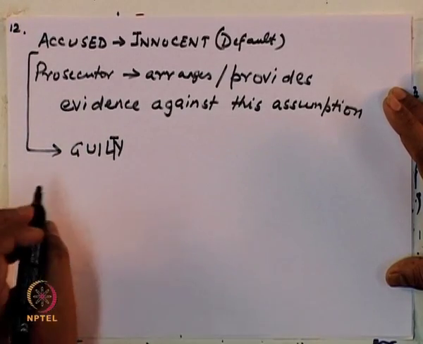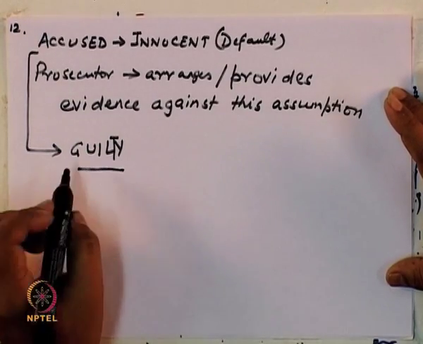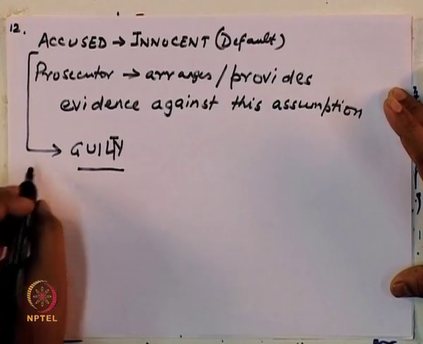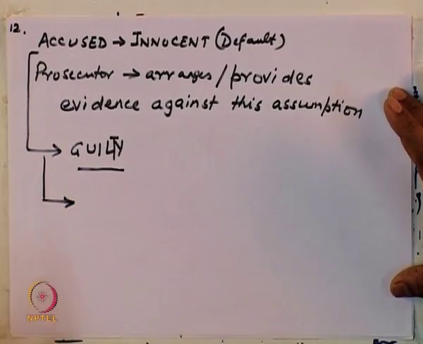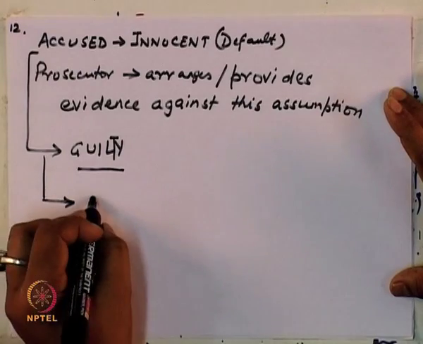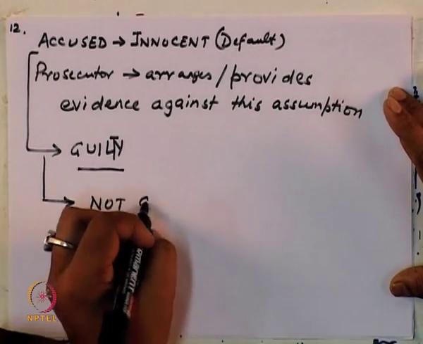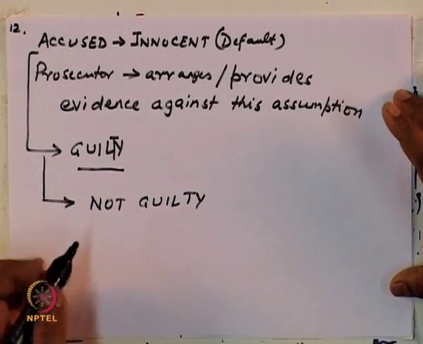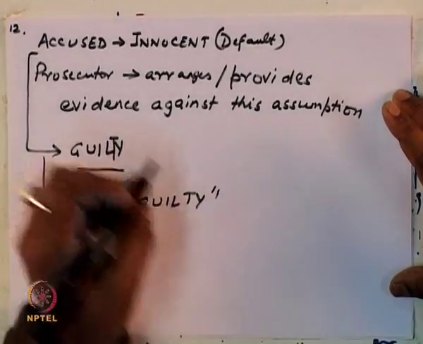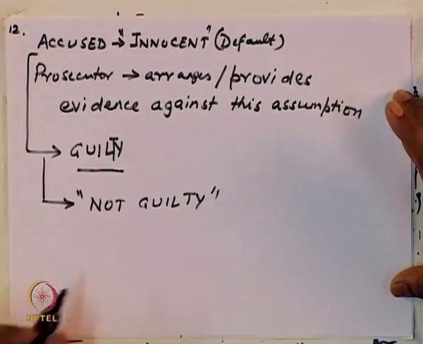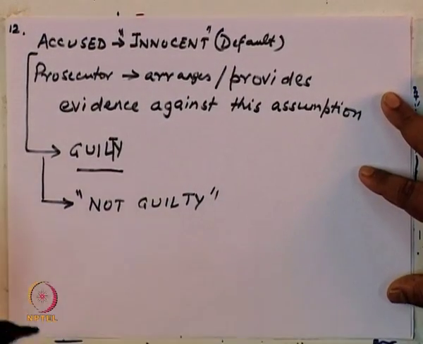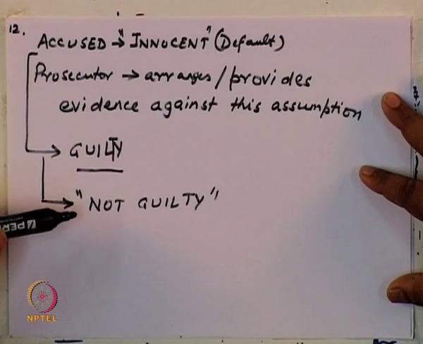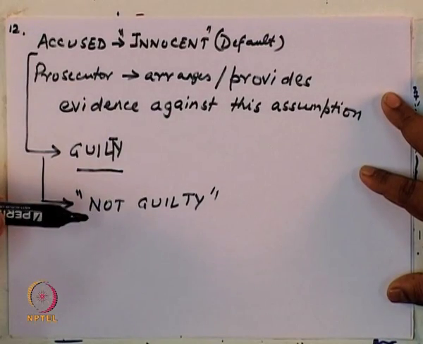But if the evidence is not substantial, then the person is declared not guilty. Note the difference: not guilty and innocent are not the same. It just says that there was not sufficient evidence to label this person as guilty.